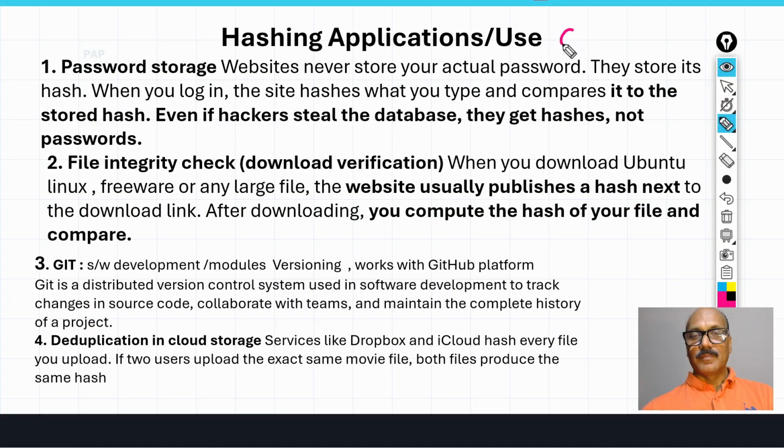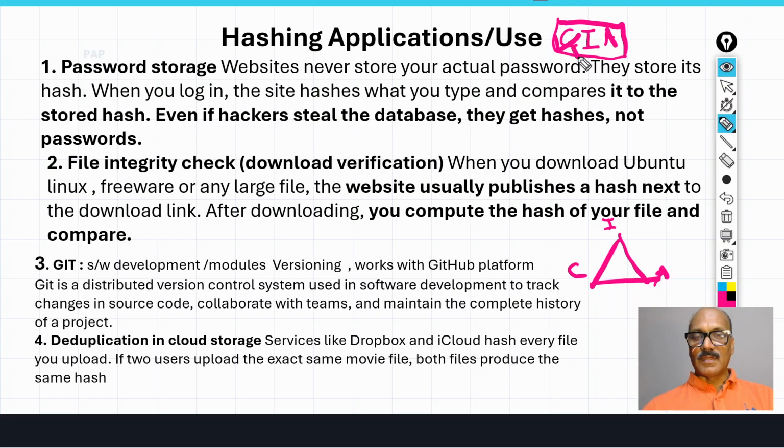Remember always this CIA triad, security triad. Once again, CIA stands for confidentiality, which we achieve through encryption, which we already studied.